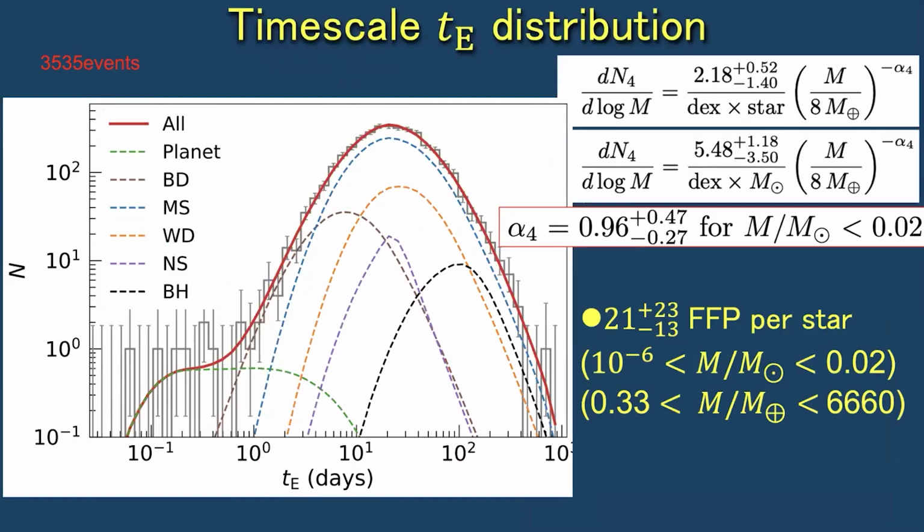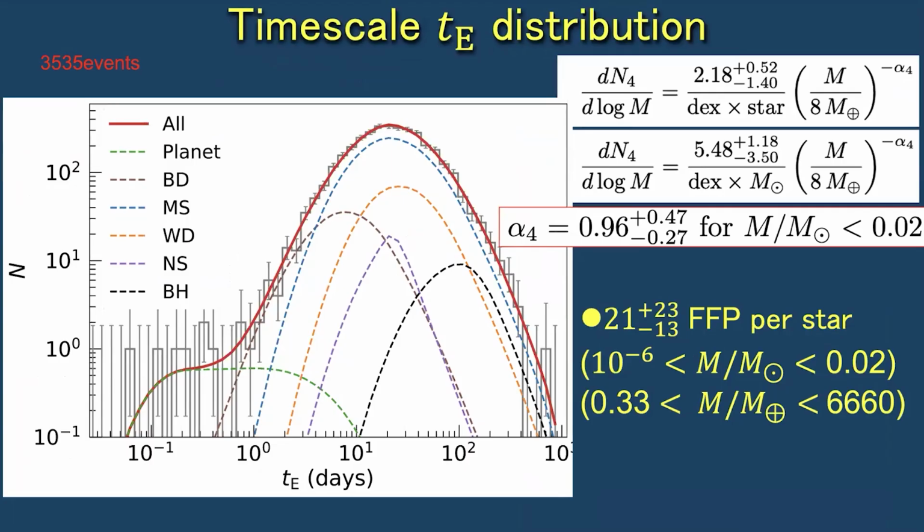So this is the best fit time scale distributions. You can see the time scale longer than 1 day can be explained by the brown dwarf and the main sequence, white dwarf, neutron star, and black hole. And then there is some excess below the 1 day.